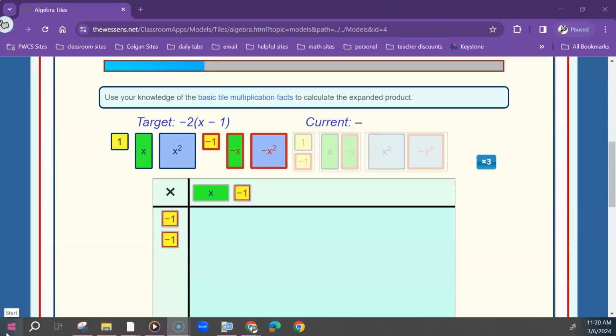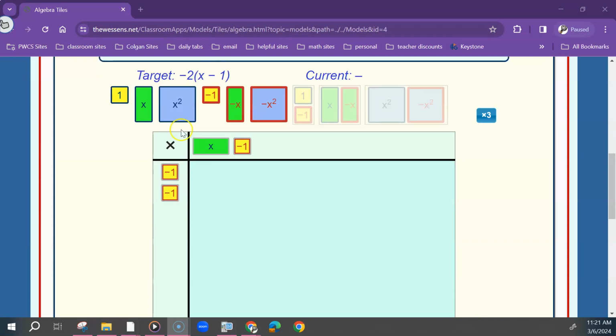So if we were using algebra tiles, now this one is not a binomial and binomial, it's a monomial and a binomial, but it'll get us practice for the upcoming class. So if we were to multiply -2 to everything here, I have -2 on one side and the x minus 1 on the other. We're multiplying each thing to each thing. So -1 times x would give us -x.